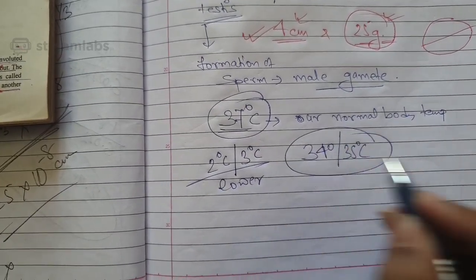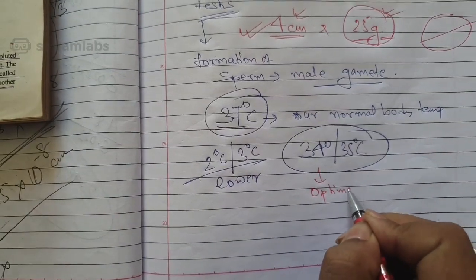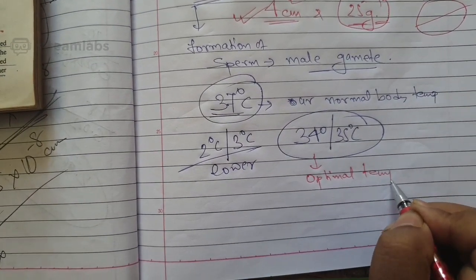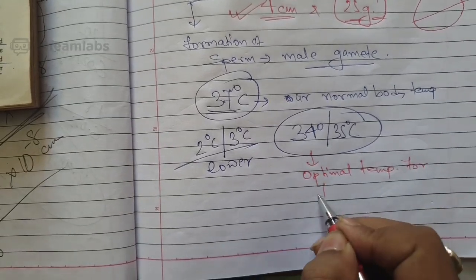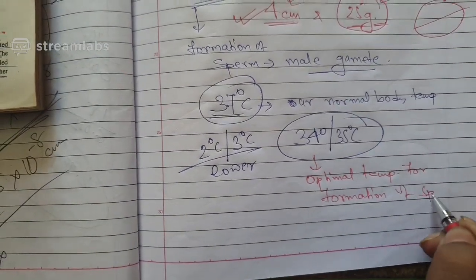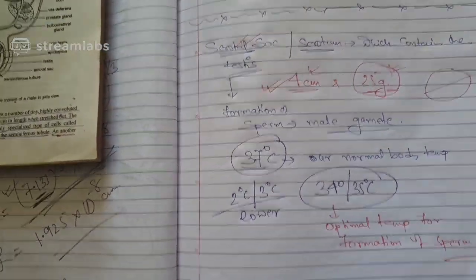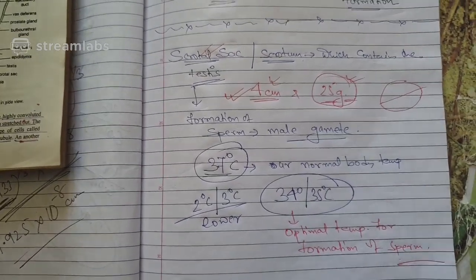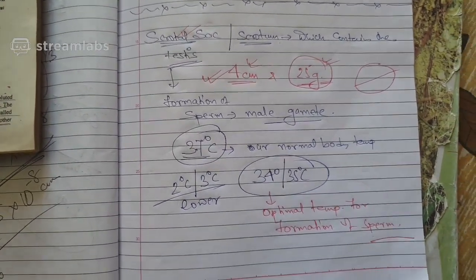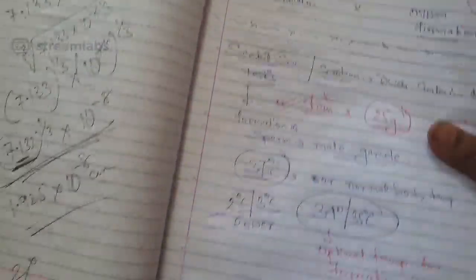This is the optimal temperature for formation of sperm. You already know these things. Okay, so I hope that you understand these things and you know these things from your class 10 knowledge only. Now, as a matter of fact, you also know, and the thing that you should know is, I'm sorry for that.